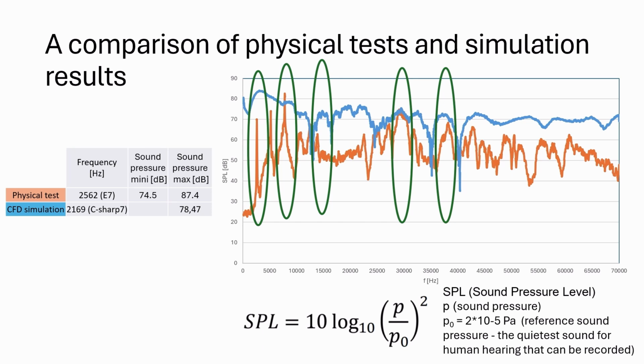The visible differences may be due to the presence of equipment and flat surfaces during the physical test, which may have influenced the amplification of the drift frequencies. The results of CFD calculations were greatly influenced by the accurate representation of the pipe, nozzle, and cover locations relative to each other.